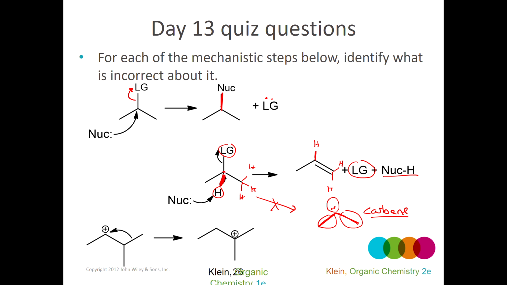There shouldn't be any arrows involved in that hydrogen because it's still there. What's happening is one of these hydrogens is gone. I'm going from 3 hydrogens on this carbon to 2. So really the nucleophile, which is actually acting as a base in this case, needs to pick up one of these 3 protons, and these electrons will shift in to make the pi bond, pushing out the leaving group.